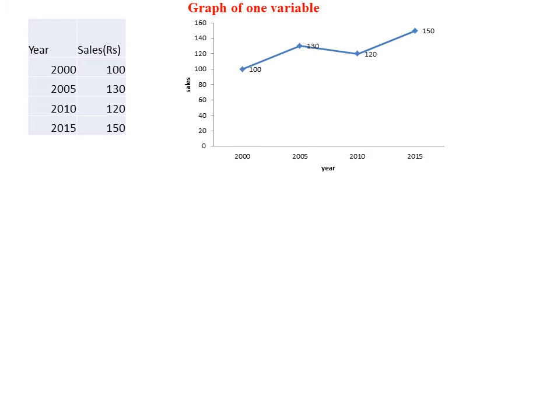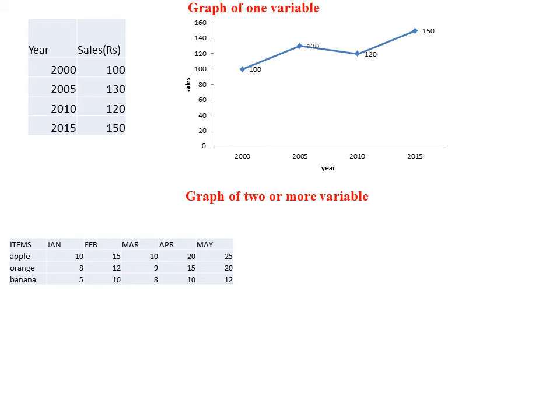For a graph of one variable, here the sales for different years are mentioned in the table. It was plotted in the line graph. Here, for different years, how much was sold is represented in the line graph. This is for one variable. And for the graph of two or more variables, here is one example.